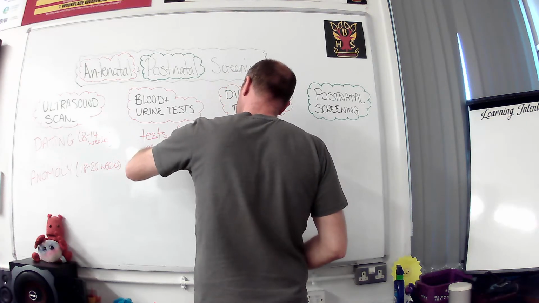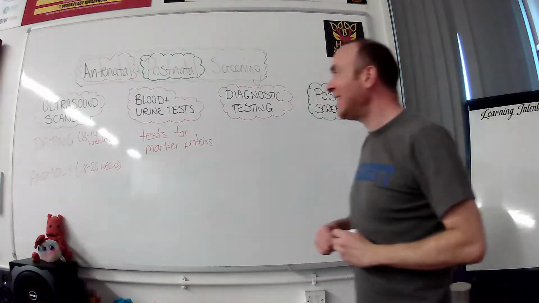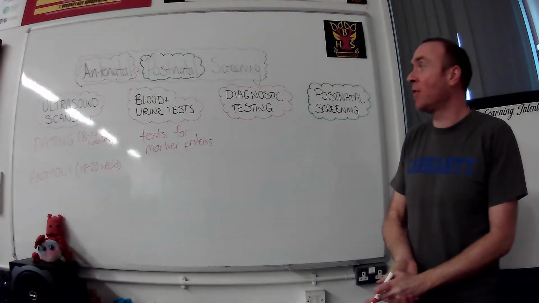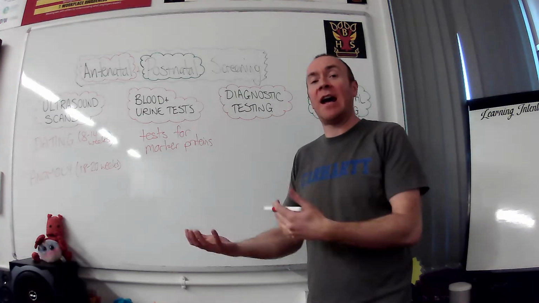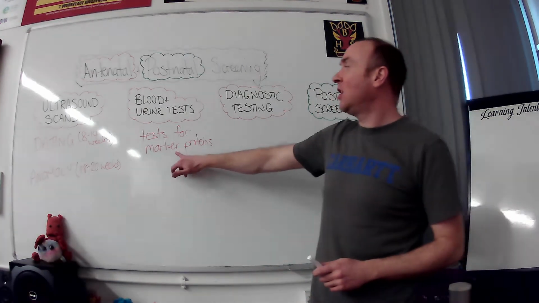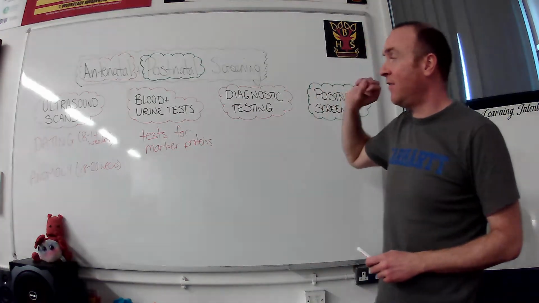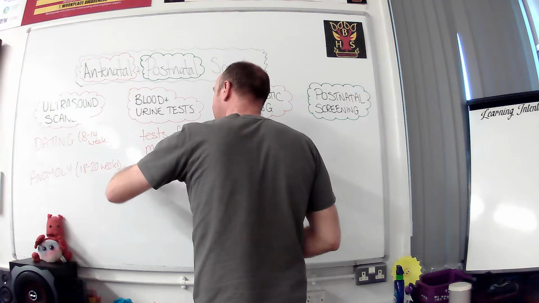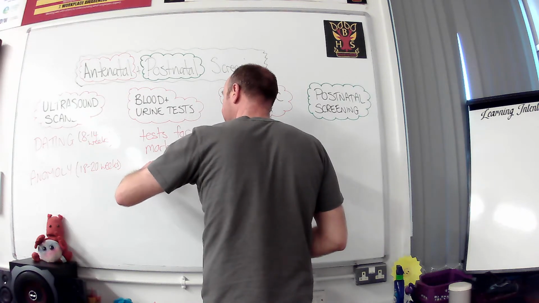And marker proteins can tell you all sorts of things. They can indicate things about the baby's health, but they will also indicate things about the mother's health, which is very important to keep a track of throughout the pregnancy. One thing that's worth mentioning about blood and urine tests is that if the test's taken at the wrong time, they can give false positives.